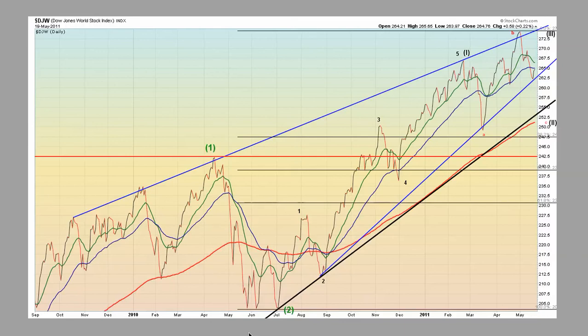You're looking at the Dow Jones World Stock Index, from September 2009 to the present moment. This is interesting because if you look at this chart, you can see pretty clearly in blue what looks like a rising wedge.